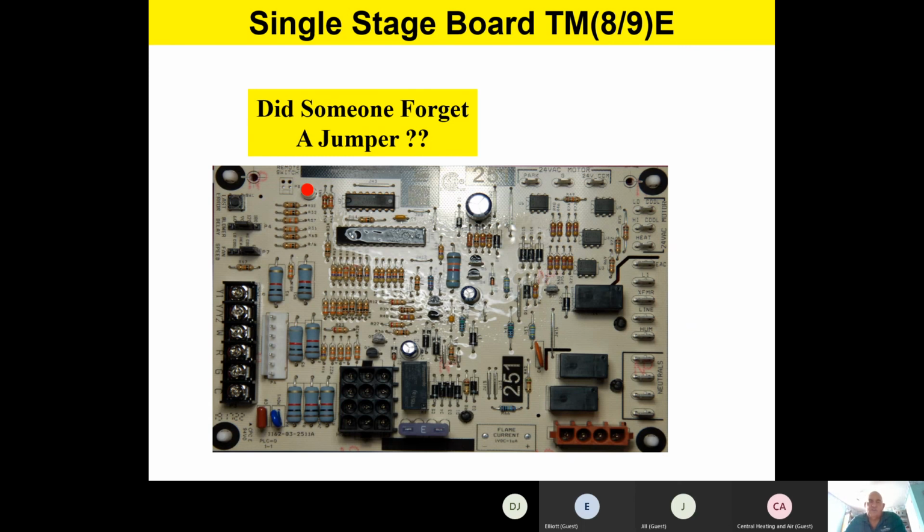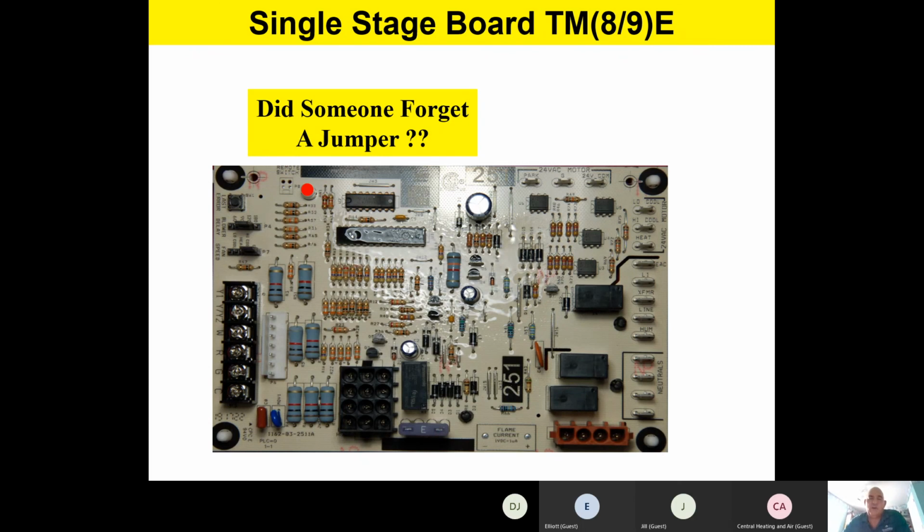And so if someone forgot a test jumper and the furnace fires off after the test and that pressure switch is closed electrically when it's supposed to be open in the normal sequence of operation, it'll give you a 2 red flash. So maybe someone forgot a jumper. Make sure that you look at the pressure switch, that there's not a jumper on it, and that it hasn't been wired in such a way to try to jumper the switch.